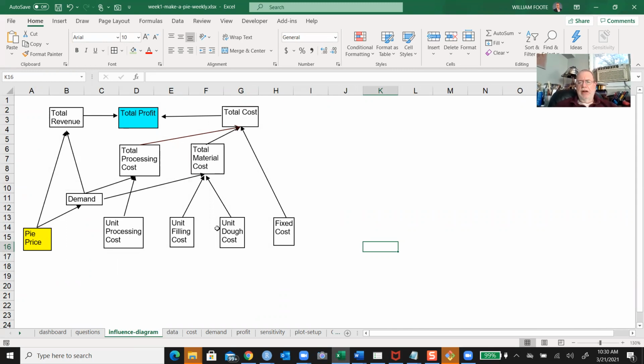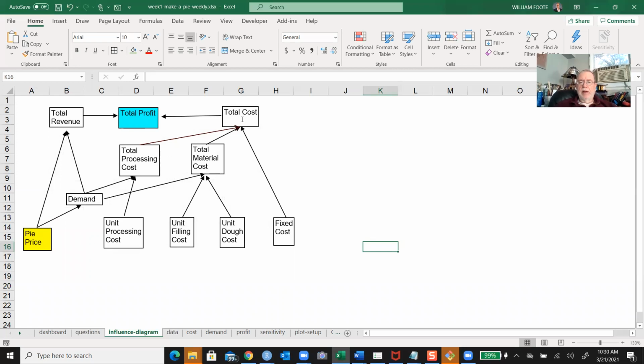The fruit filling cost, the unit dough cost, which, along with how much is being demanded and thus produced, creates a total material cost. Unit processing cost and demand will produce a total processing cost.